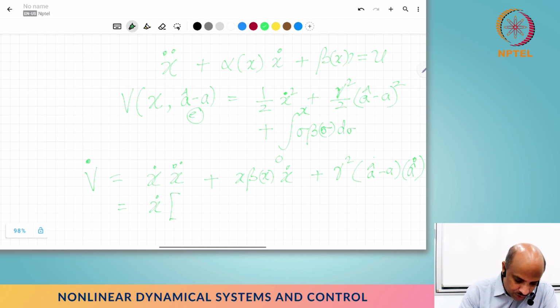Sorry, it's supposed to be x. Yeah. So for x double dot, I'm going to basically get minus alpha of x times x dot minus beta of x plus u. Anyway, this x beta of x is there. So this cancels with this plus this gamma square part, right?